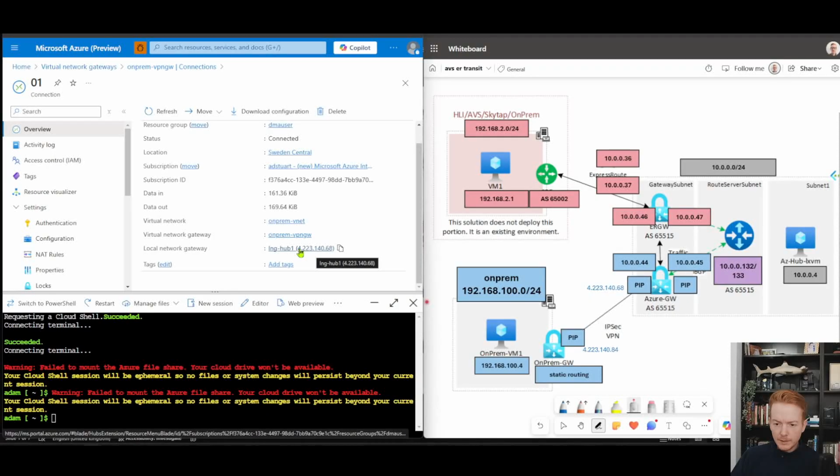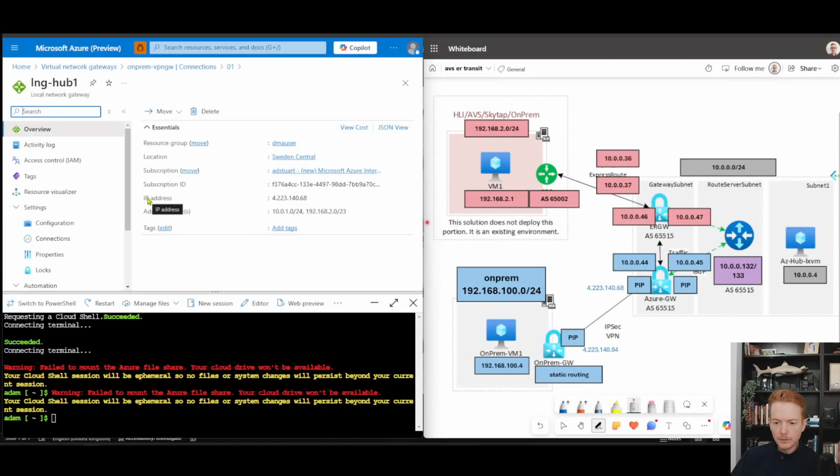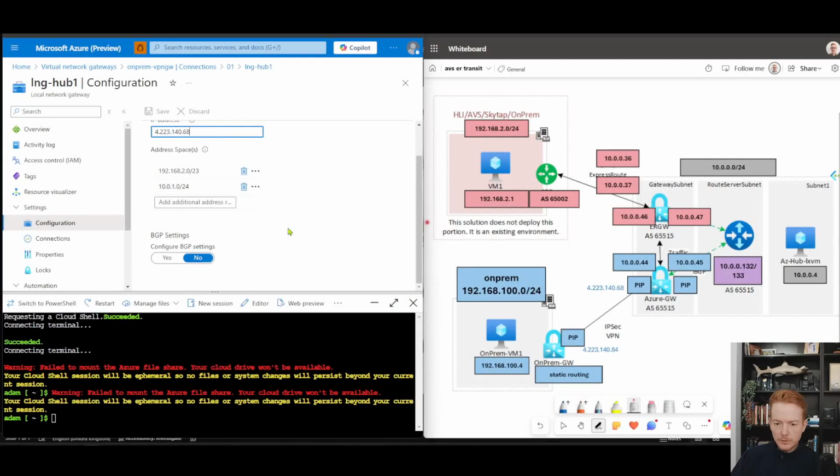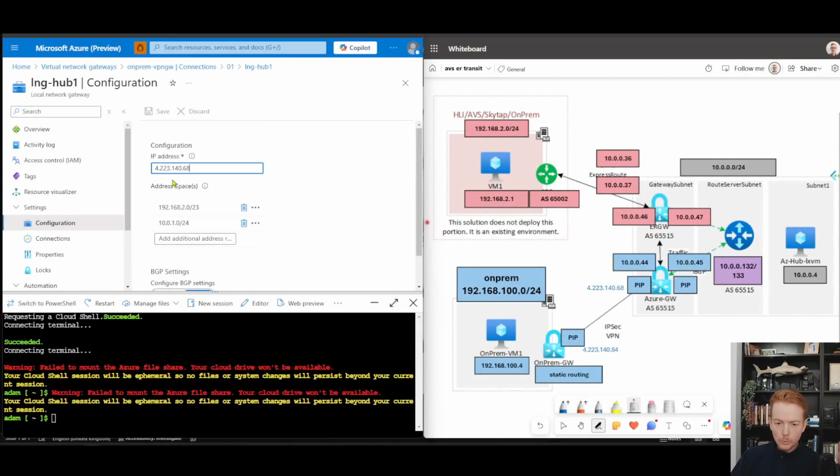So you see here the local network gateway for 4.223.140.68, which is the PIP associated with my VPN gateway in Azure. We can look at the settings for that. The bit we're interested in is no BGP. We're statically specifying the remote end.